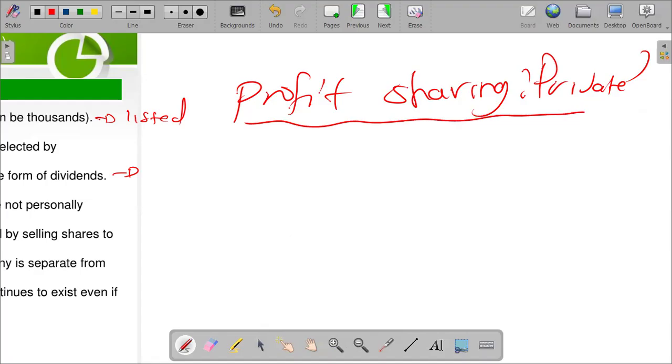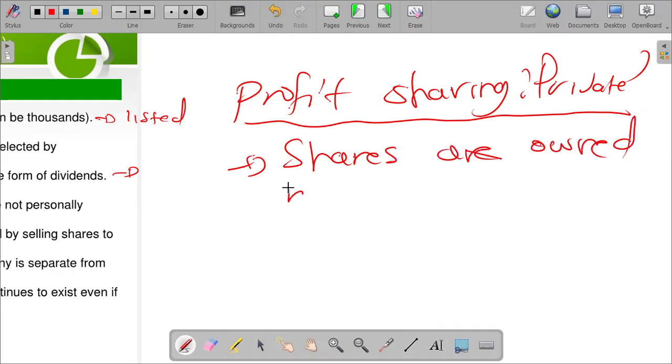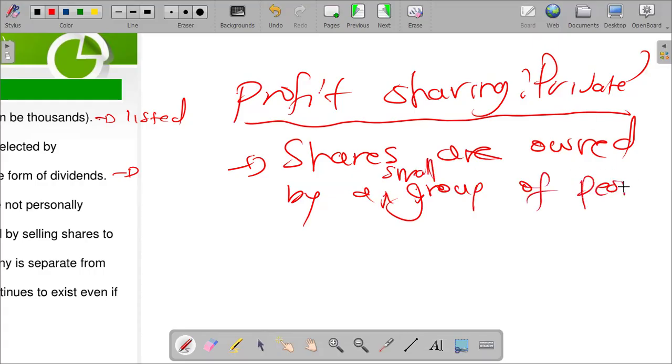Remember that in a private company, shares are owned by a small group of people.